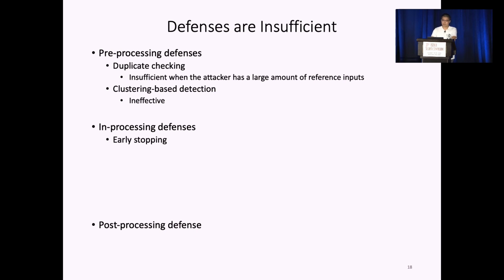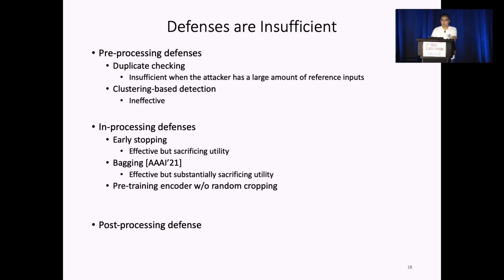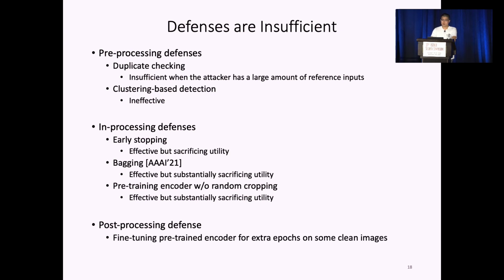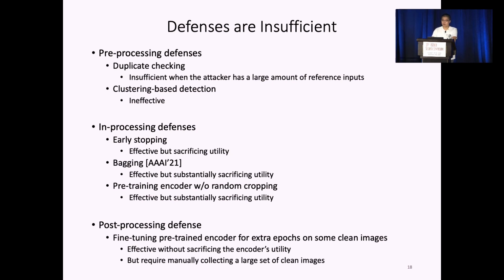We explore three in-processing defenses. They are effective, but will sacrifice the utility of the encoder for downstream classification. And for the post-processing defense, we fine-tune the pre-trained encoder for extra epochs on some clean images. We find that it's effective without sacrificing the encoder's utility. However, it requires manually collecting a large set of clean images.